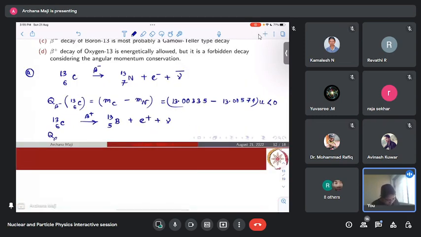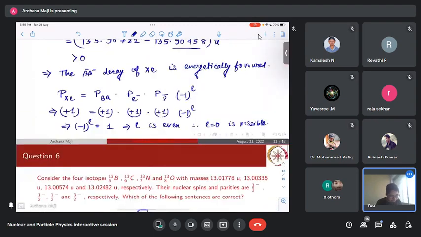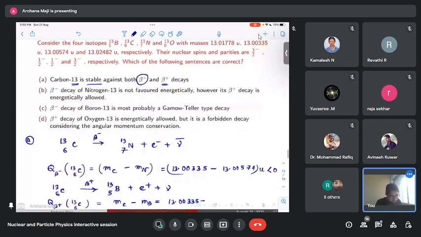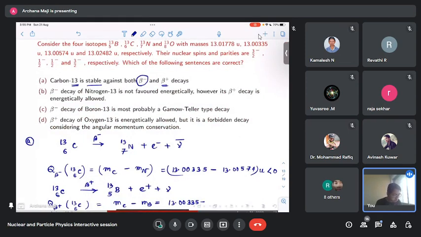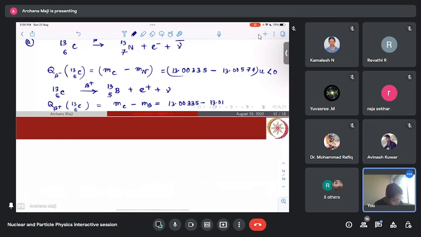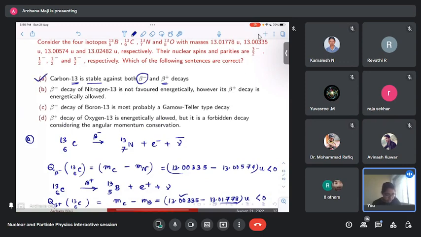So the Q value of beta plus decay is equal to mass of carbon minus mass of boron, which is 13.00335 minus 13.01778. So again it is less than 0. So that means option A is correct. Carbon 13 is stable against both beta minus as well as beta plus.